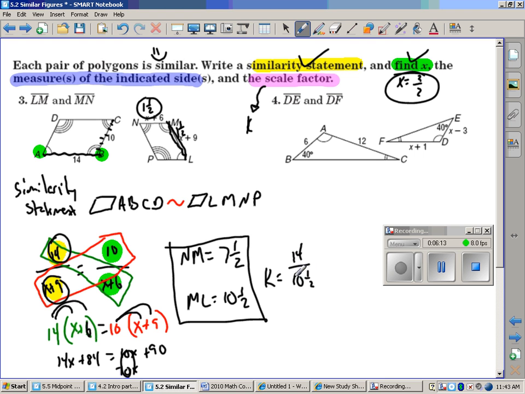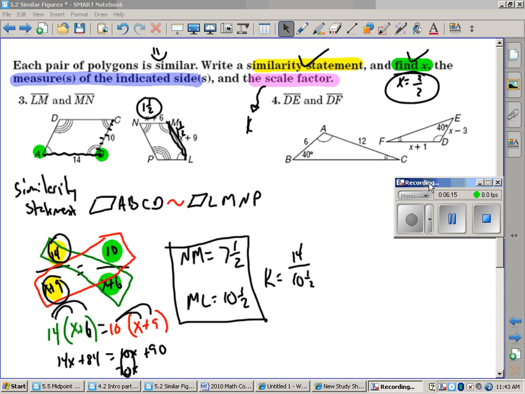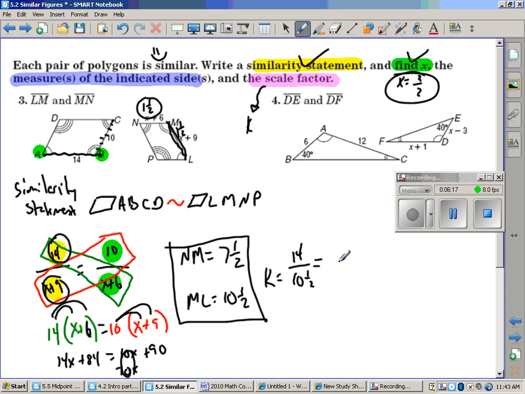Now that's an ugly complex fraction. We don't want that. So I'm going to rewrite that as 14 divided by, and instead of 10 1/2, I'm going to write 21 over 2. I'm going to change that to 14 over 1 times, because dividing a fraction is the same thing as multiplying by the reciprocal.